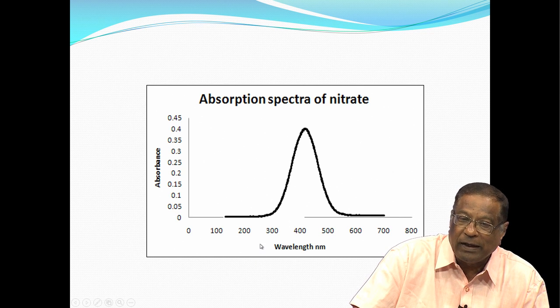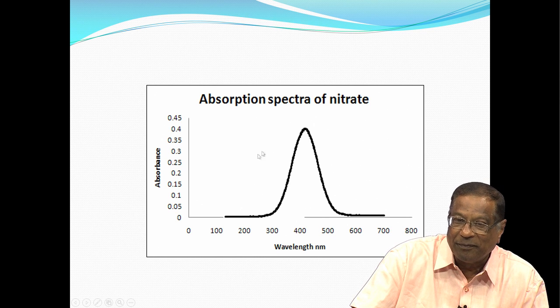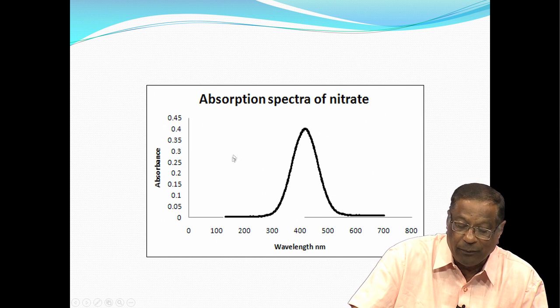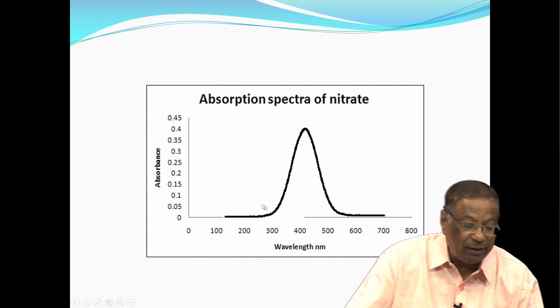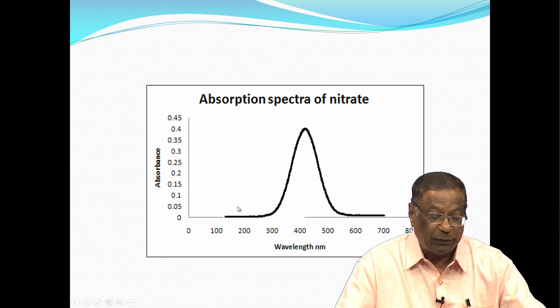But when you use a colorimeter for measurement of nitrate with chromotropic acid, you need an interference filter that will give you more accurate values than the normal color glass filter, etc. So, that is the only thing I wanted to tell you with respect to this absorption spectrum.